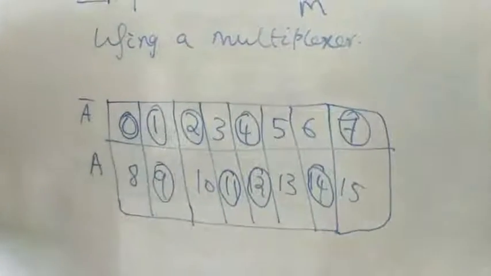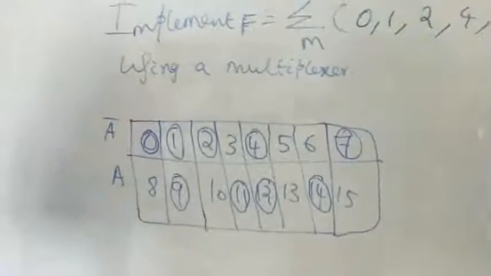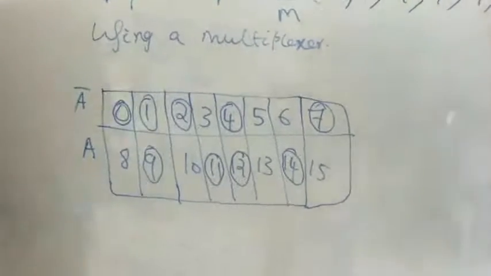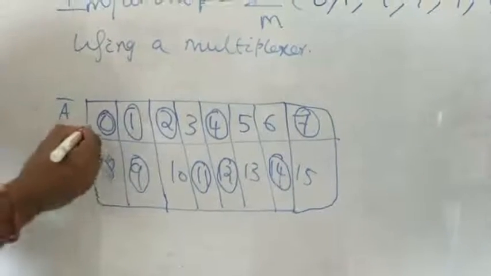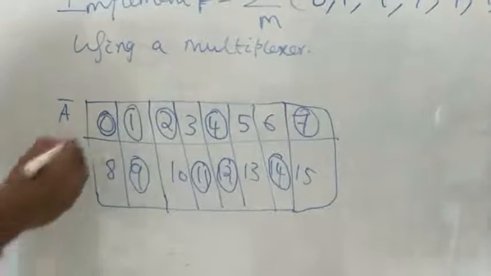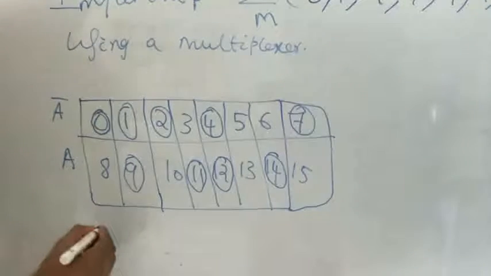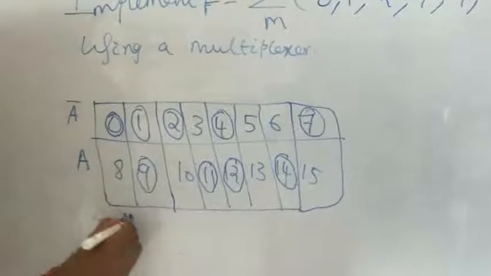In the previous example, I told you that across the column, if any one of the values is circled, you have to write the corresponding literal. Here 0 is circled, so we are going to write A dash.